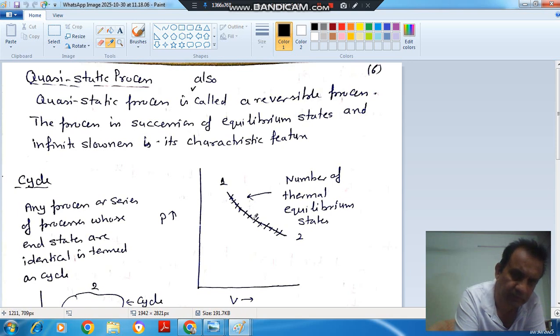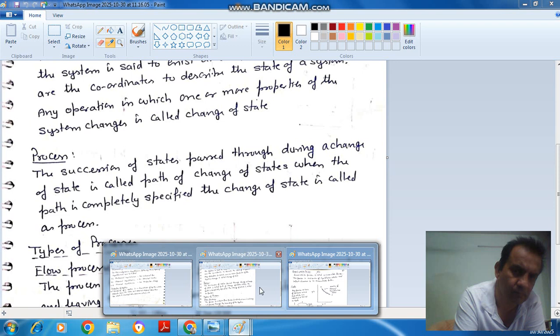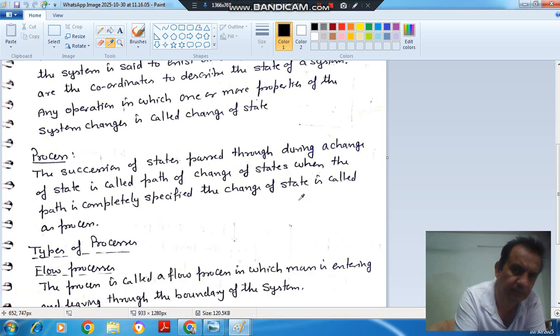Then this path is completely specified. This is the initial point, this is the final point. This final point can be reached in this path also or in this path also. But when the path is completely specified, then it is called a process.